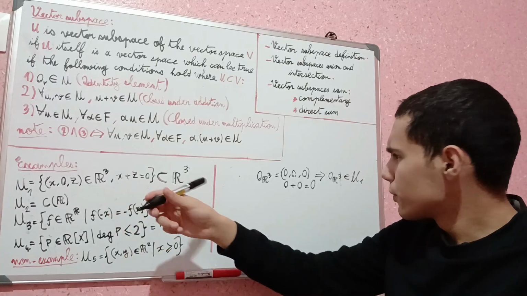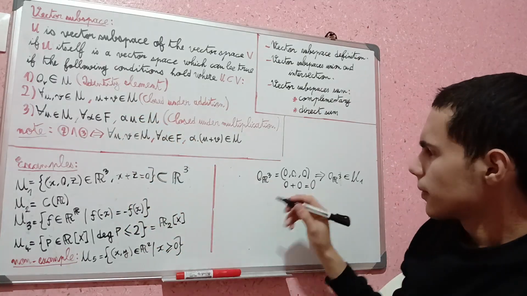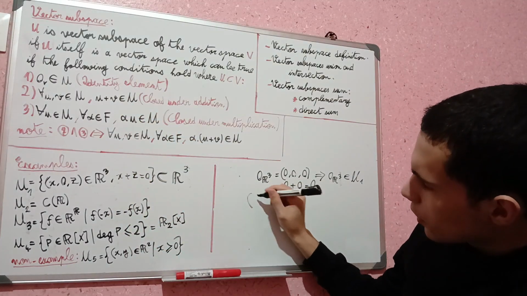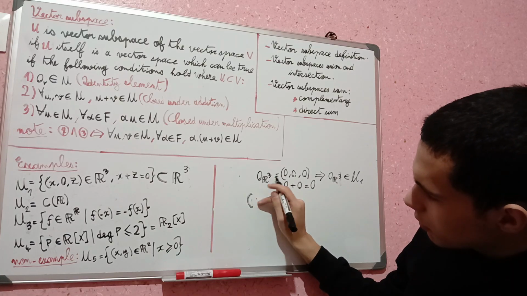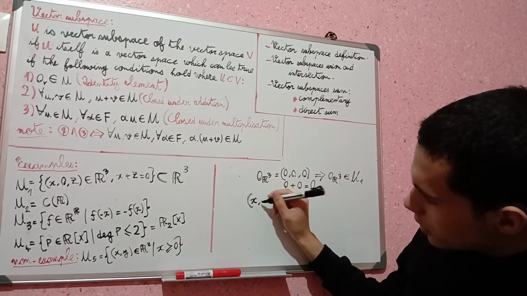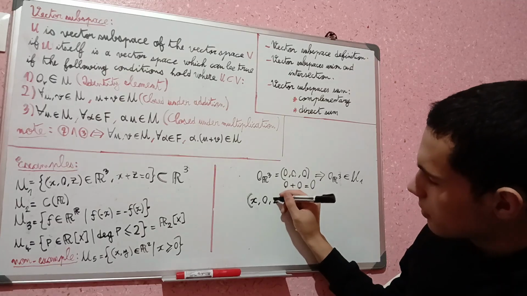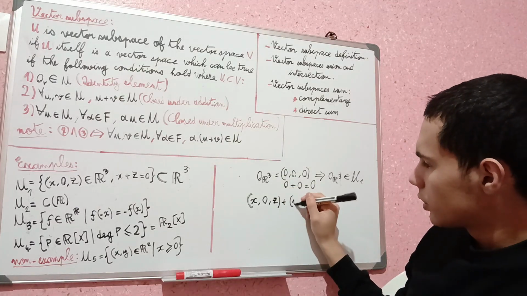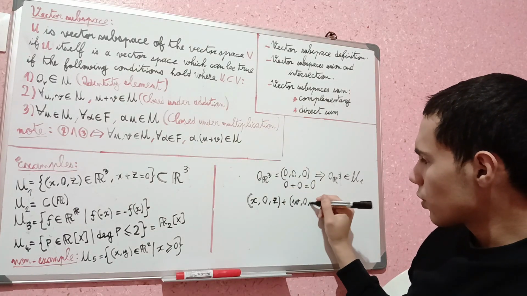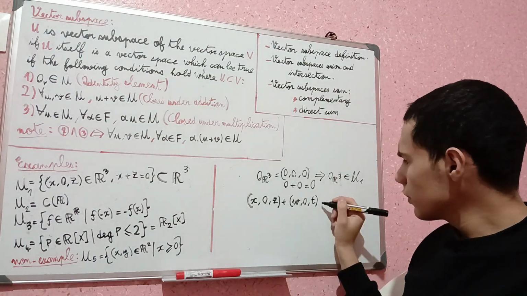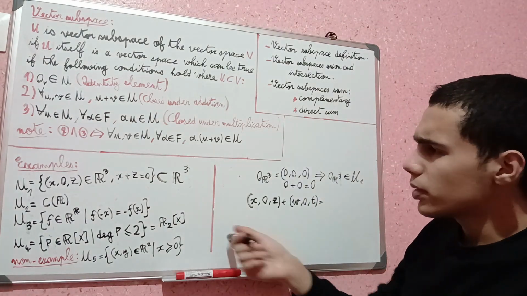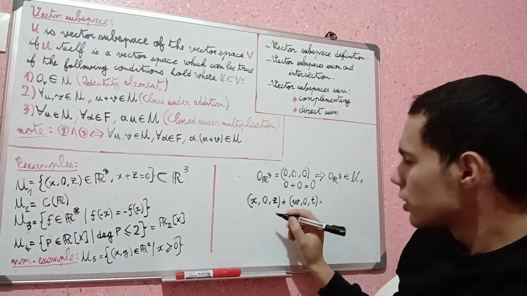Also, we need to prove these two. Suppose we have, for example, (x, 0, z) plus (w, 0, t), where these two belong to u1.